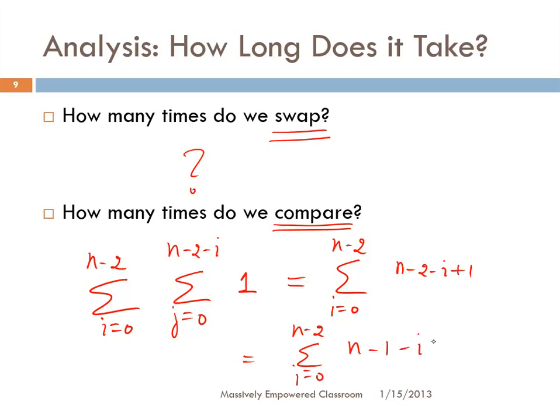So when i is 0, this is n-1. When i is 1, this is n-2 and so on. When i is n-2, right, this is 1. Right?